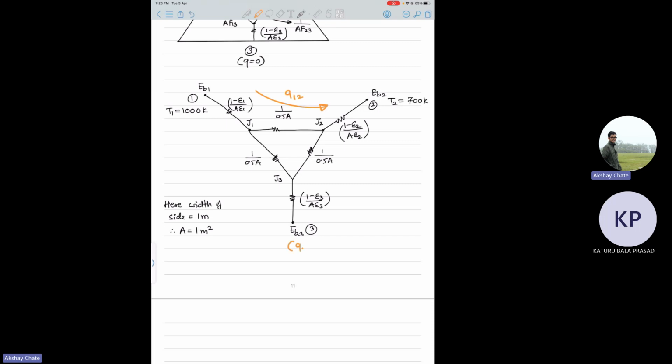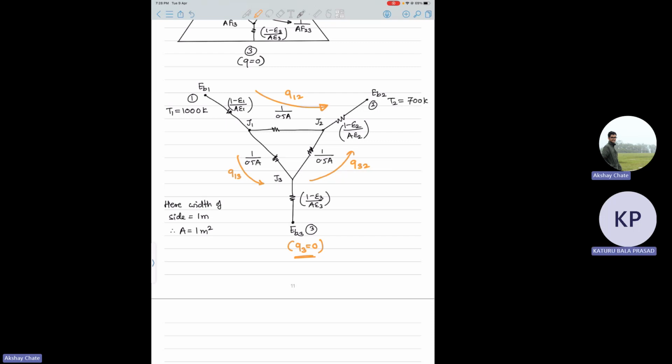This is your radiating surface, so there will be no heat transfer across this node. So typically the heat will come from here and it will go like this. So this will be your Q1 to 3, and this will be your Q3 to 2, and they will be the same. Then only there will be no heat transfer across the third surface.